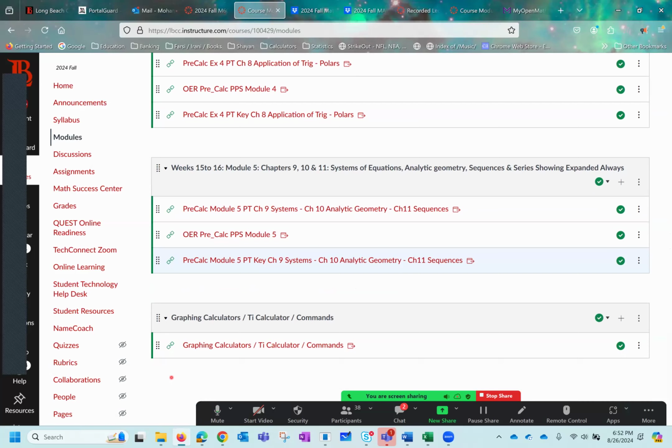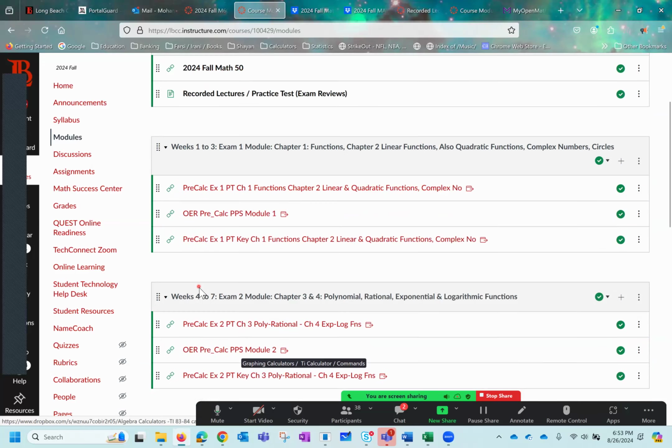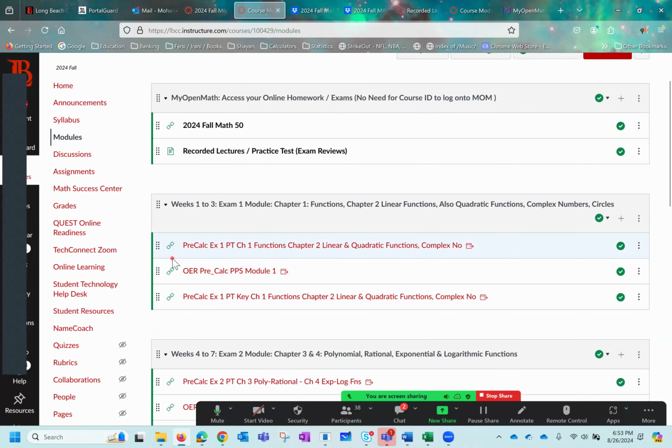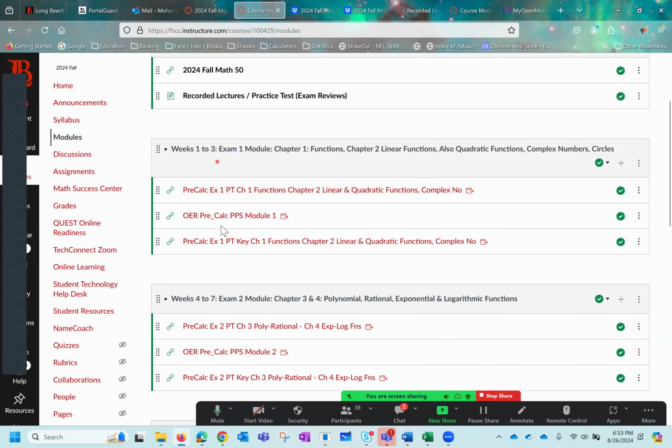And this last one is a class resource. So first, let me quickly cover the resource for you. This is about the TI calculator. Then I go back to the very top and start with module 1, because when you see how module 1 is taken care of, the rest of them repeat.